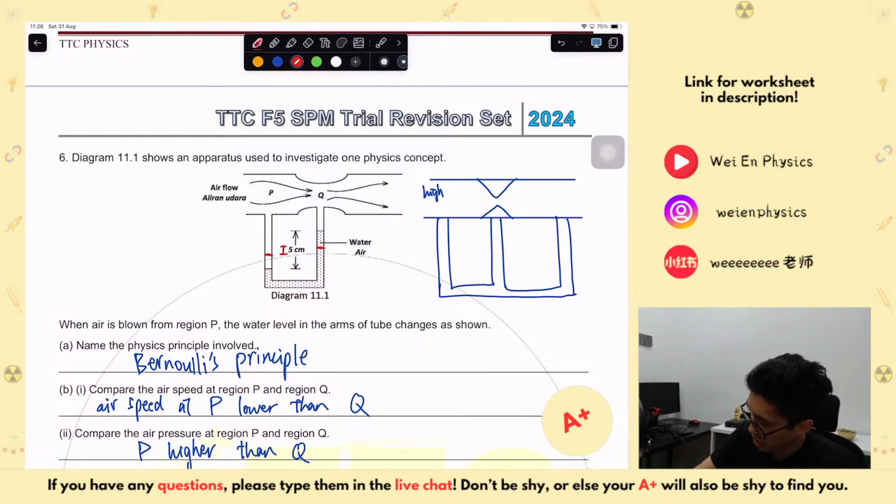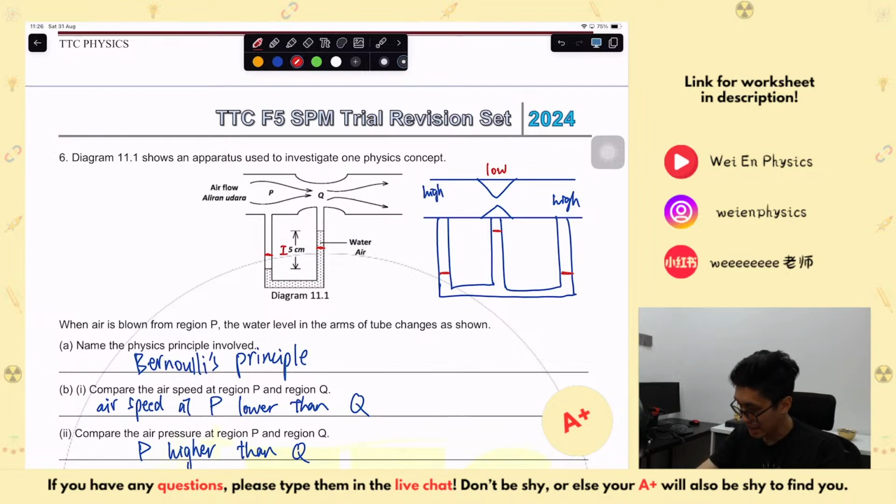High pressure, this is low pressure, and this is high pressure also. Correct or not? You get high pressure, low pressure, high pressure. Then your water level will be like this, like that.